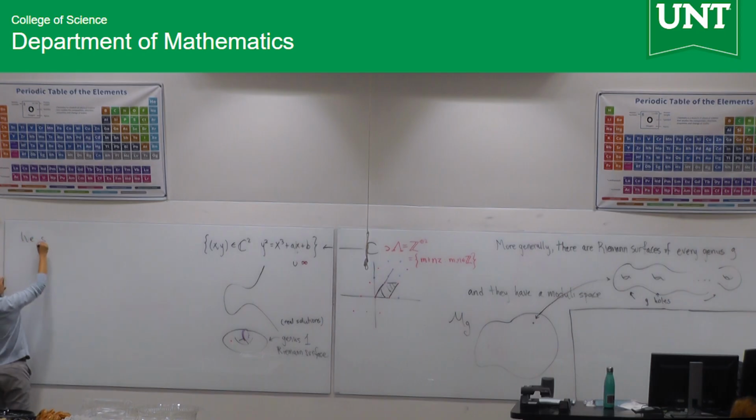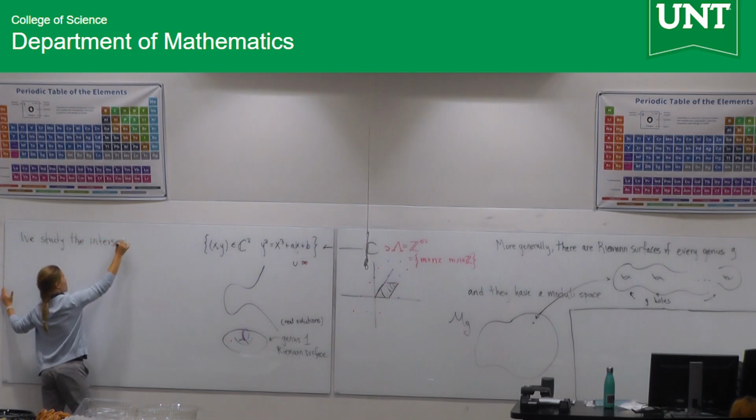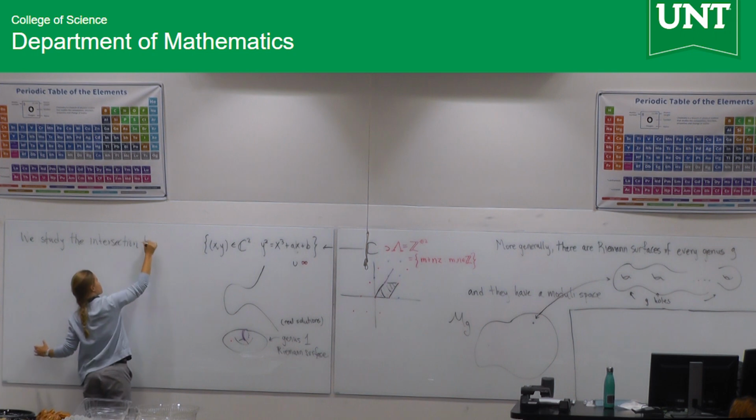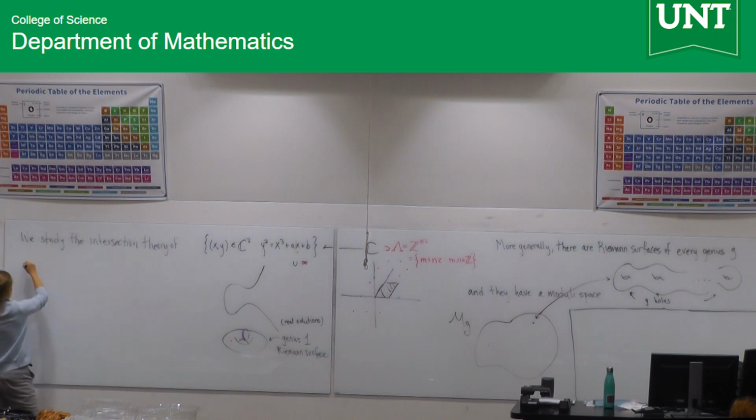So we study the intersection theory of M_g with something called its Chow ring.